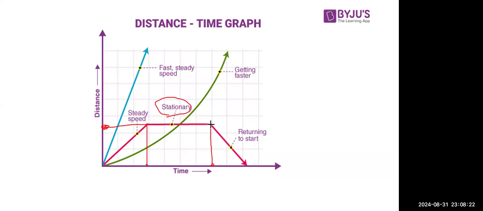And now the curve is moving downward towards the time axis. It means the body is returning to the start. If you look at that point, the distance will be zero. It means the body is moving towards its initial position from where it started its journey. Is it clear?